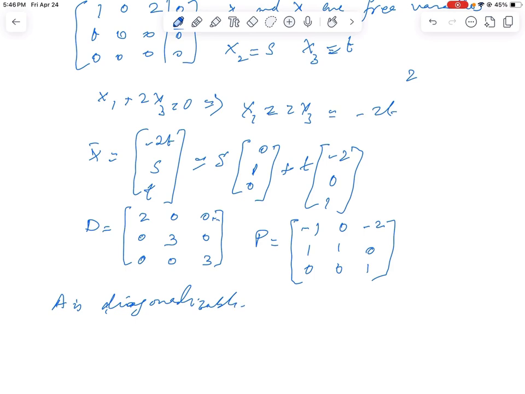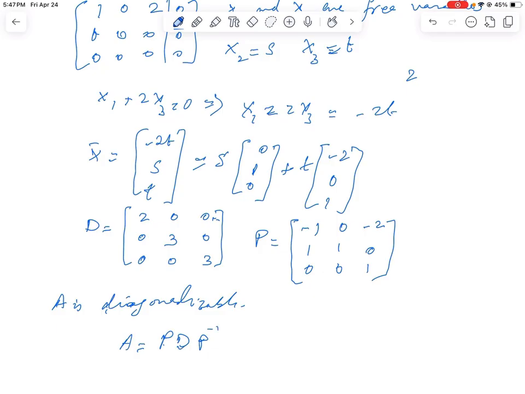And we can also say A is equal to P D P inverse. And we can check.